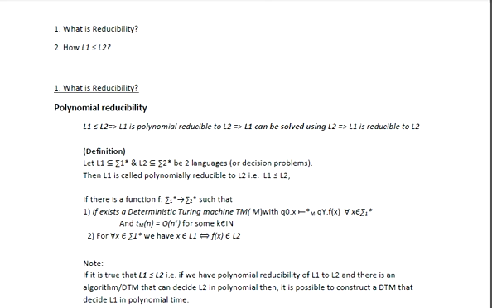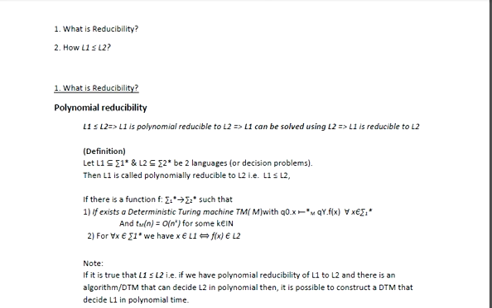After a certain number of steps, the deterministic Turing machine will go to output f of x in the final state, where for all x which belongs to sigma 1 star, the Turing machine for input size n has polynomial time complexity, which is order of n to the power k, where k is some natural number.